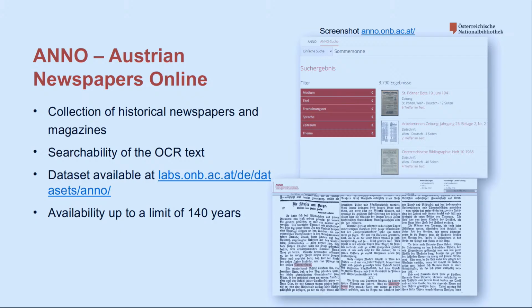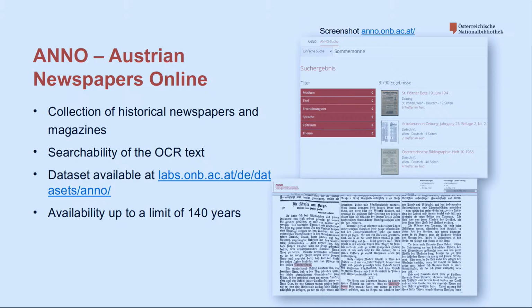Basically, on the right side, you can see a screenshot from it where I searched for summer sun, and then I get a lot of findings where in old newspapers or in old magazines, the word summer sun was found. And then you can see on the screenshot on the bottom, on the slides you can see it, maybe here not that well, there is a small rectangle where the text is highlighted, and then you can read it up again.